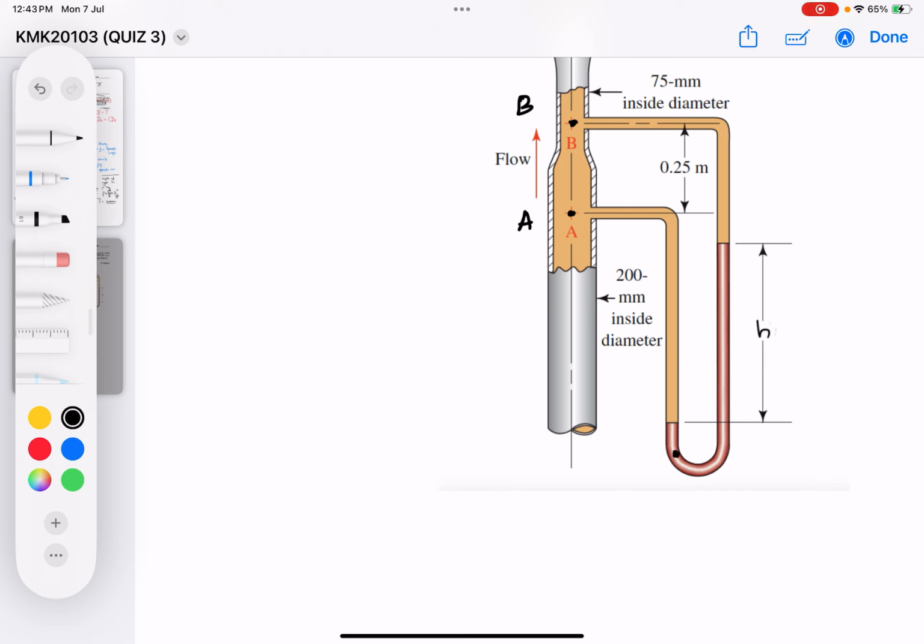Let's say I name it here as point 1, and then I name it here as point 2. It doesn't make any sense. Why? Because if I want to calculate the pressure difference between point 1 and point A, from here to here it was filled with the manometer fluid, but from here to here it was filled with the oil.